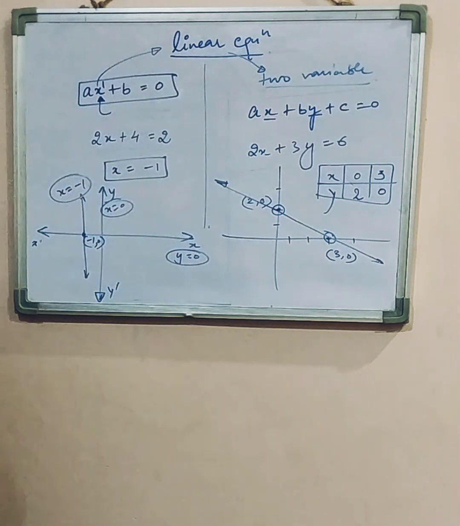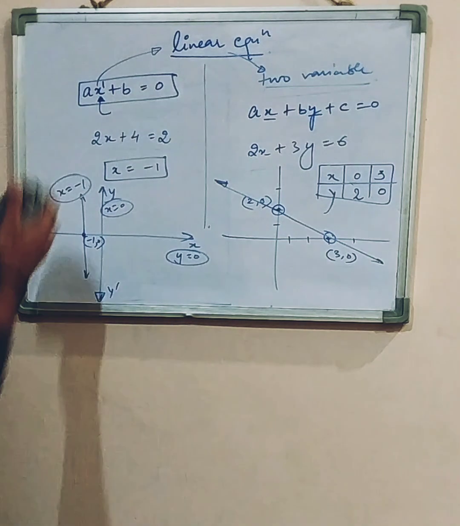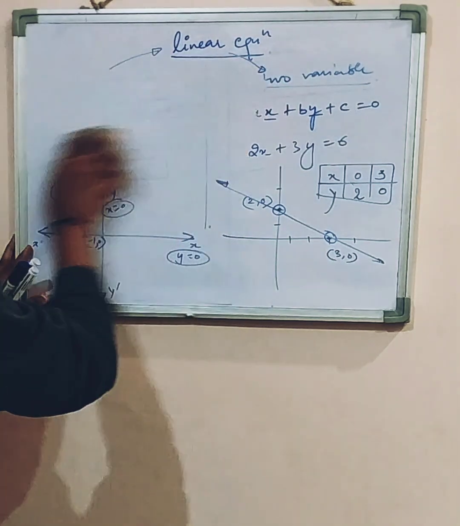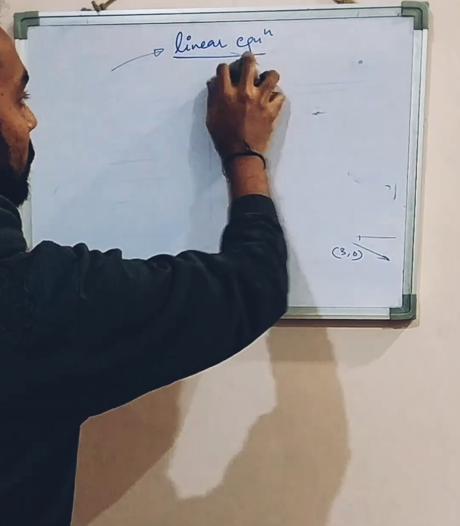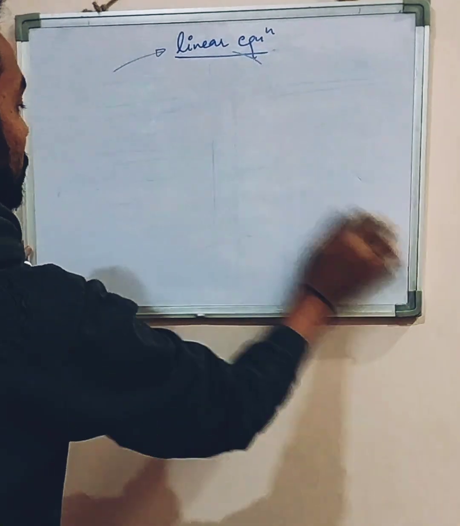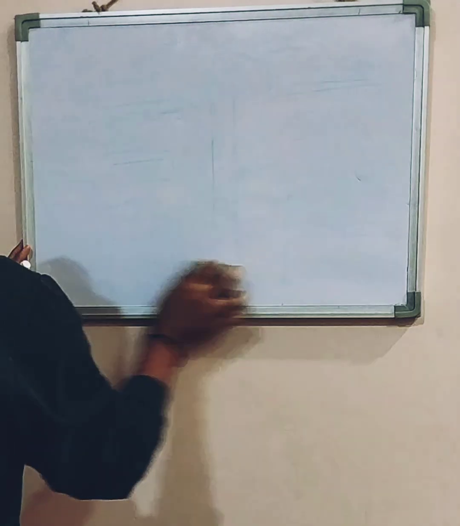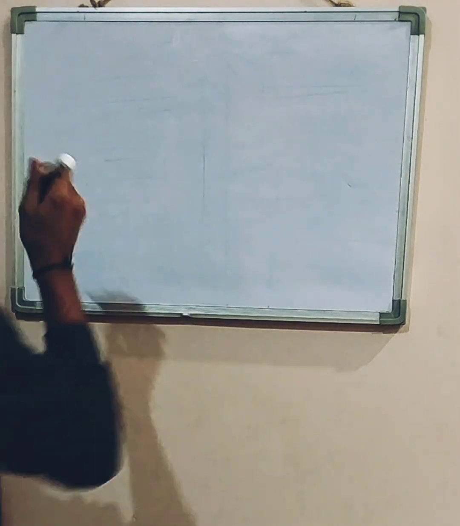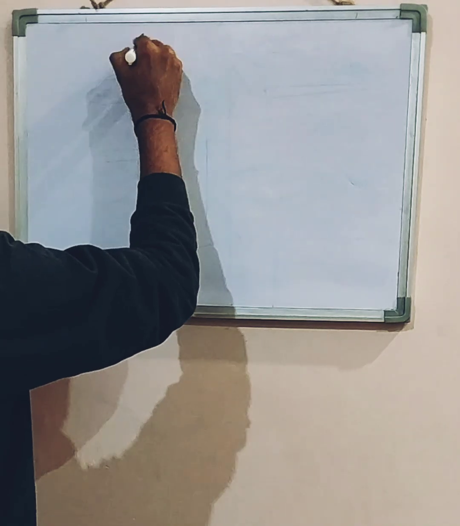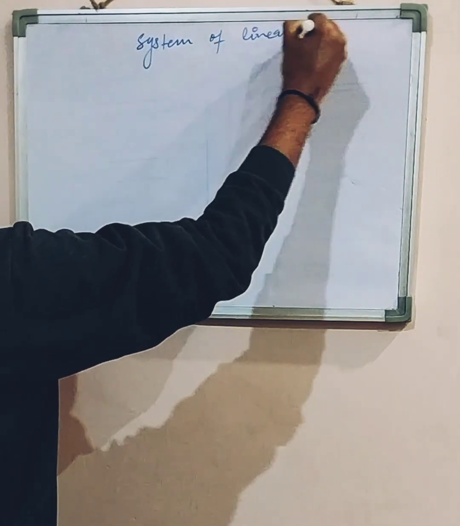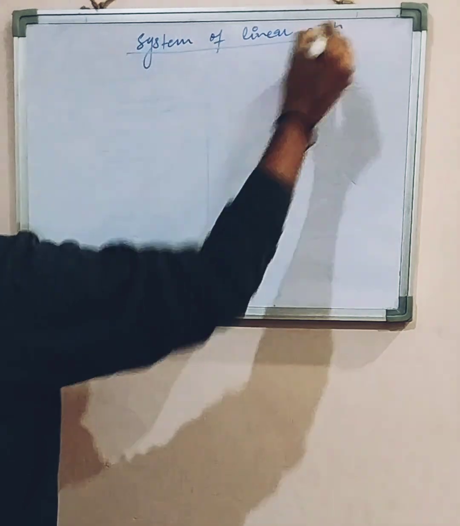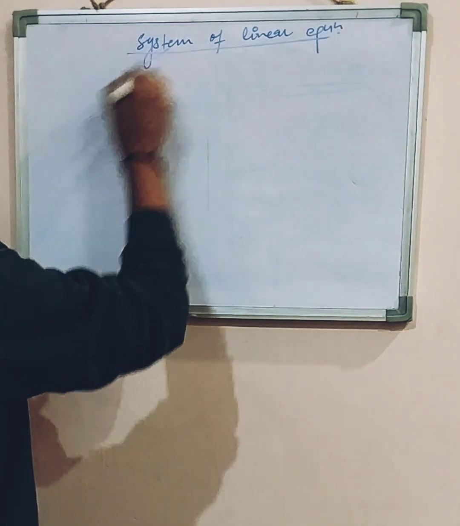Moving ahead, if I talk about a system of linear equations. Now, what does system of linear equations mean here?